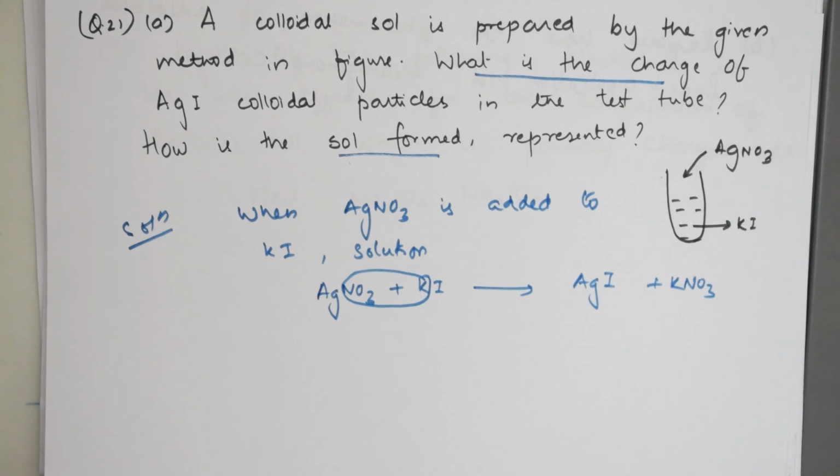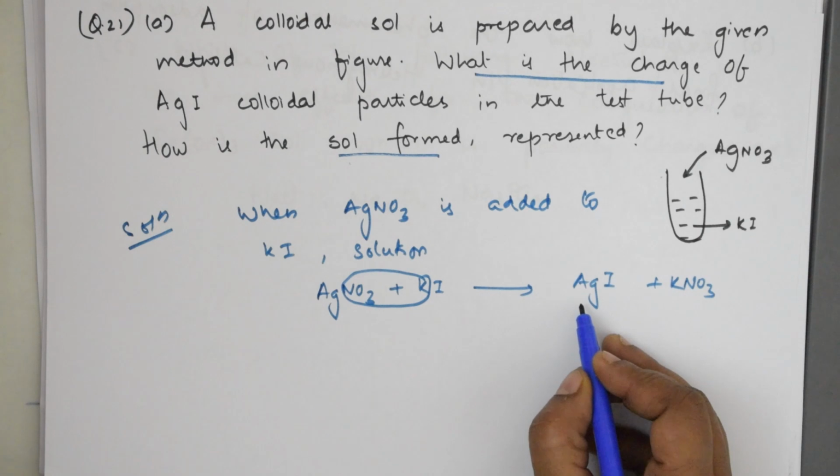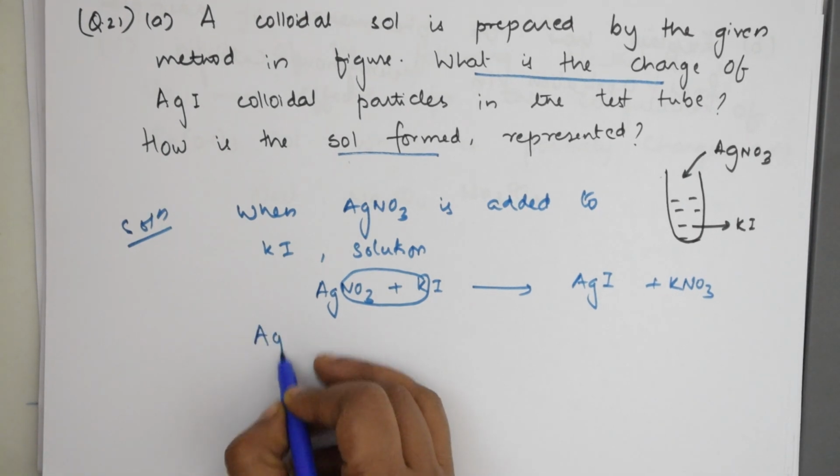Now, whatever AgI has formed here, a negative charge is developed on the sol. Why is this negative charge formed on AgI?